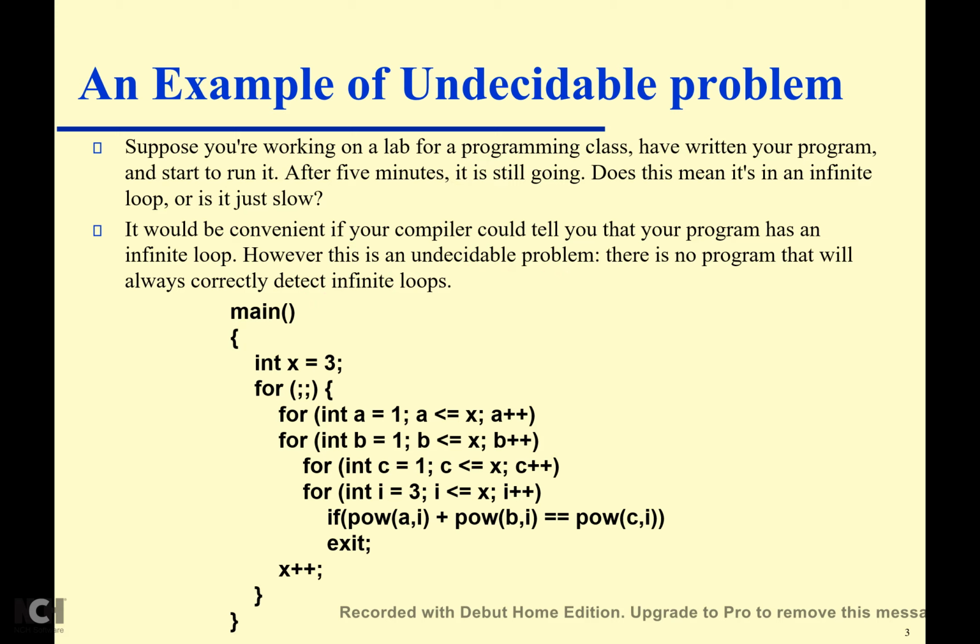Just take a look at these small loops. Here we have several inner loops. Take a look at this last loop. When we take a look, it looks like everything is fine. And you have an exit. When this expression evaluates to true, definitely it will exit, right?